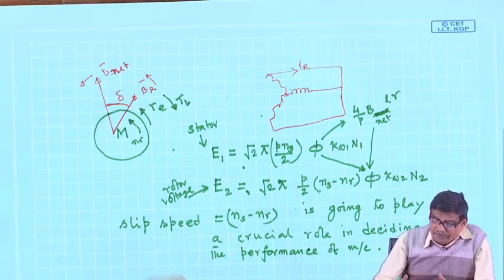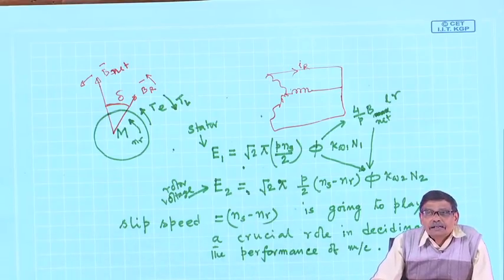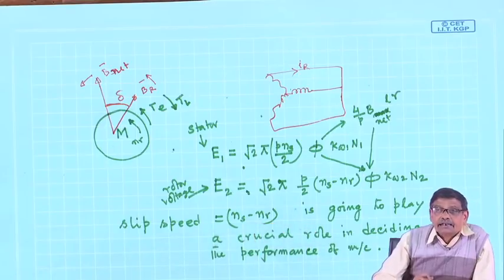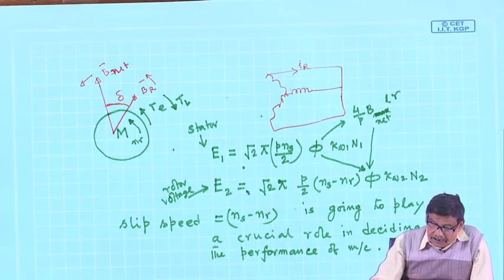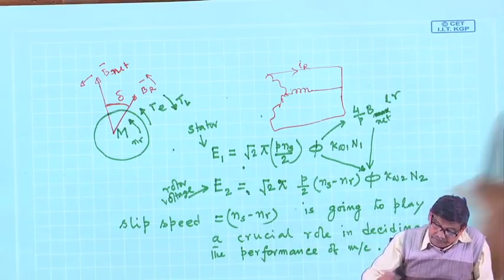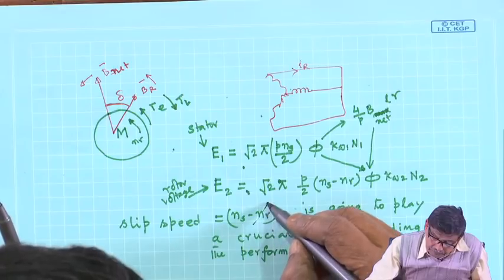So, for example, if n r equals n s, there is no induced voltage in the rotor, you cannot expect any torque to be developed, and no mechanical power output unless torque is there. Therefore, n s minus n r is going to play a crucial role, of which n r is variable.